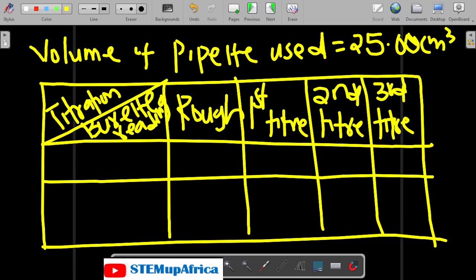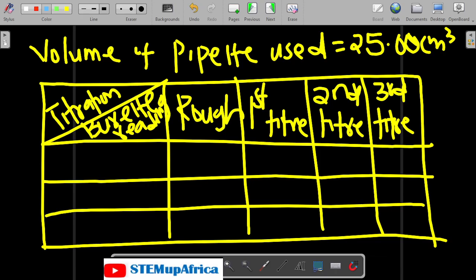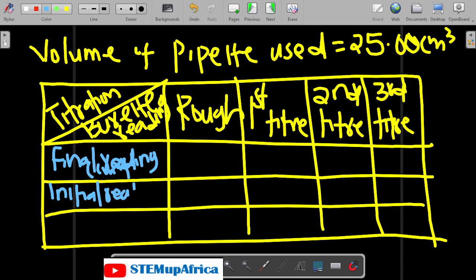So we have final reading, initial reading, and volume of E used. The final reading is in cm cube. We have initial reading, also in cm cube. Then volume of E used, also in cm cube. So with that, I can now manipulate my table based on the endpoint of 25.5.